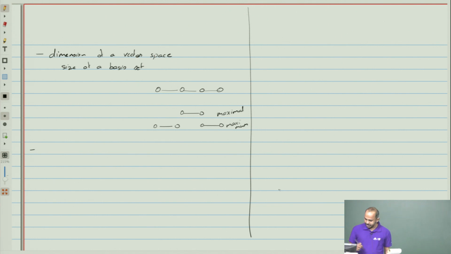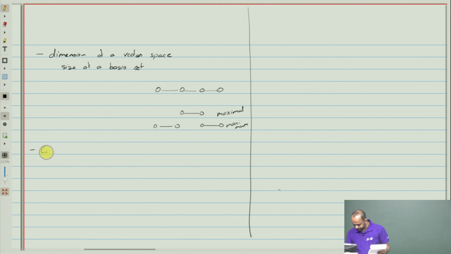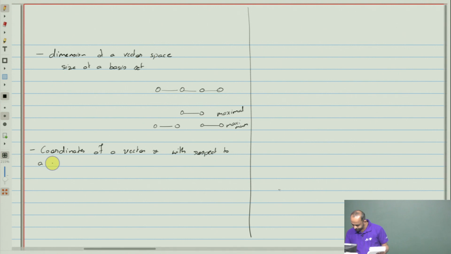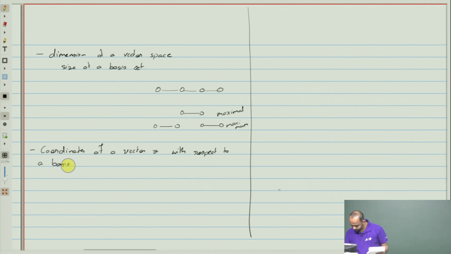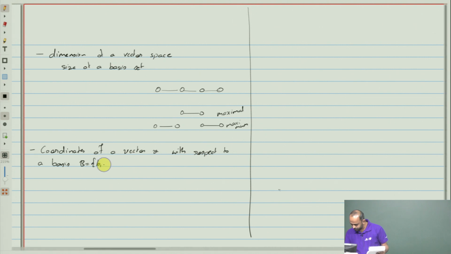And next is what is called the coordinates of a vector v with respect to a basis B equal to, let us say, b1 up to bn.